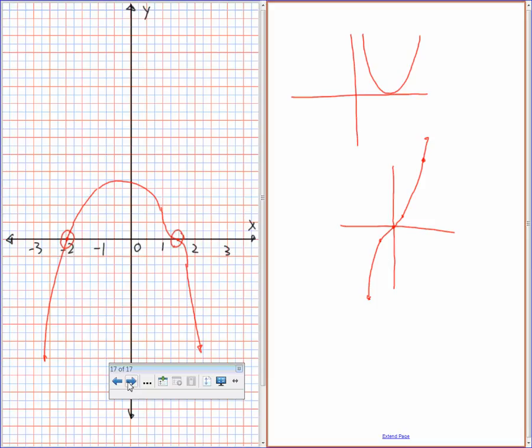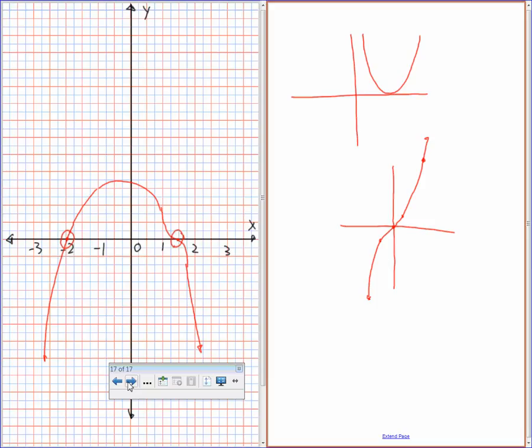Even this line here is still only one line. It's only technically going through it once, but because it's a triple root, it goes through as a curve. On the negative side of 3/2, it's going to be above 0. On the positive side of 3/2, it's going to be a negative number.